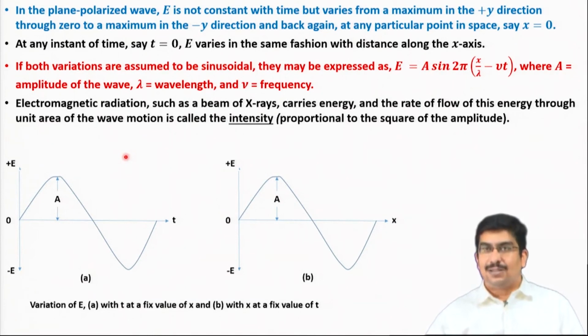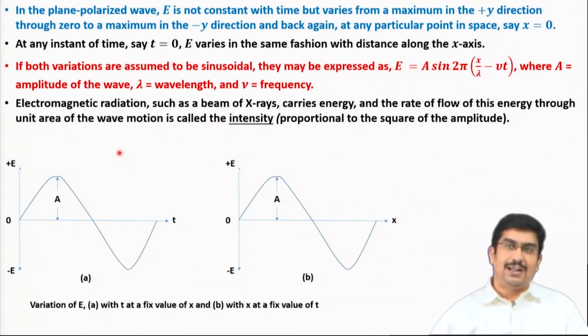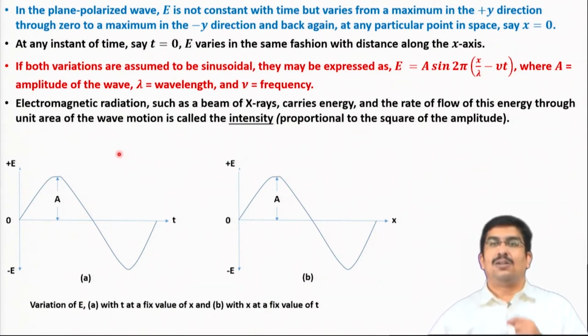Similarly, the electric field vector has a sinusoidal variation with respect to distance for any given time, for t equals 0 or any particular t. Again, it goes through a maximum in the plus direction and then a minimum in the minus direction.